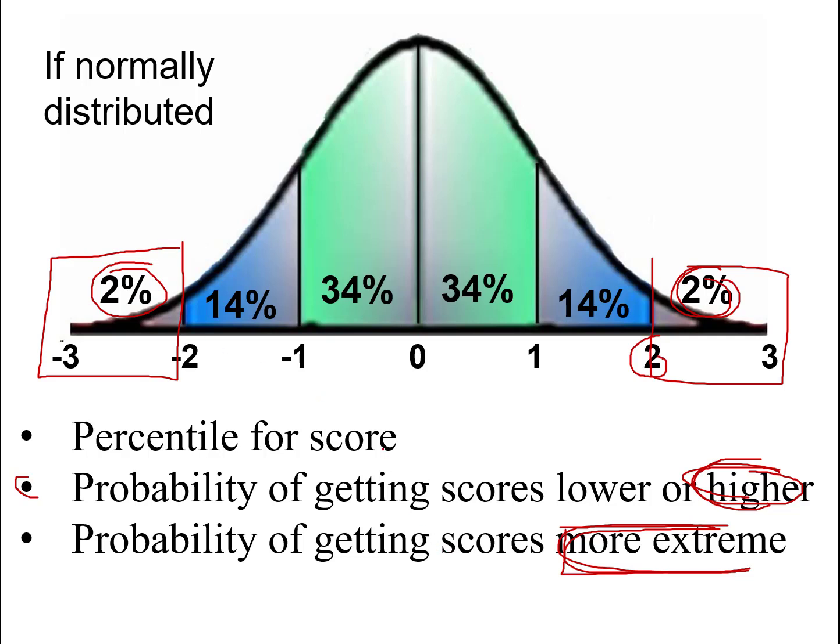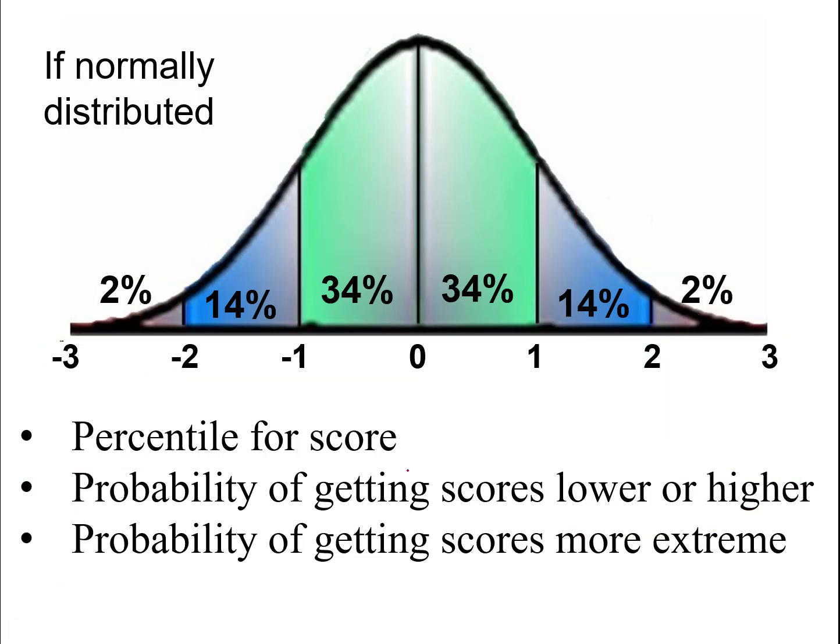Now, in the next lecture add-on videos, we'll be looking at situations where we might look at more precise z-scores. Like I might say, here's a z-score of, say, 1.26, and I want you to give me the probability of getting a score higher than a z-score of 1.26. And to do that, we need to look that up on a table or use a calculator. And the lecture add-on videos will show you how you can do that.